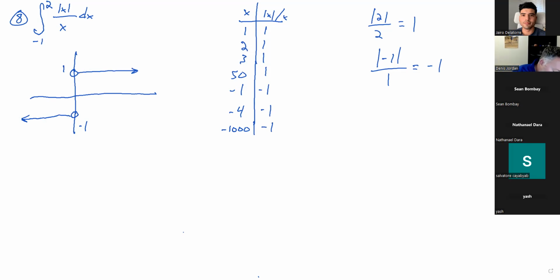So we're looking for the area under the curve from x equals -1 to x equals 2. So that would be this area and that area. Which is nice because now it's just the area of what shape?